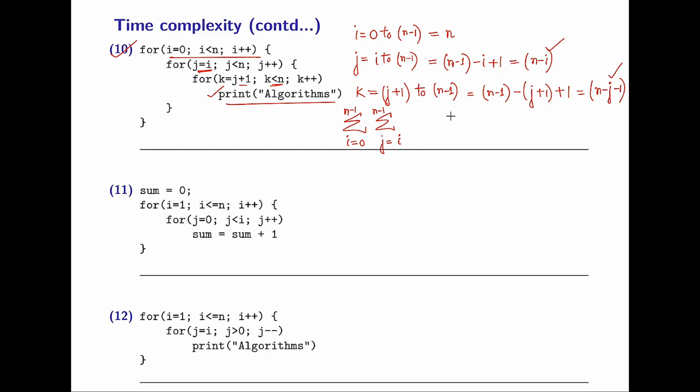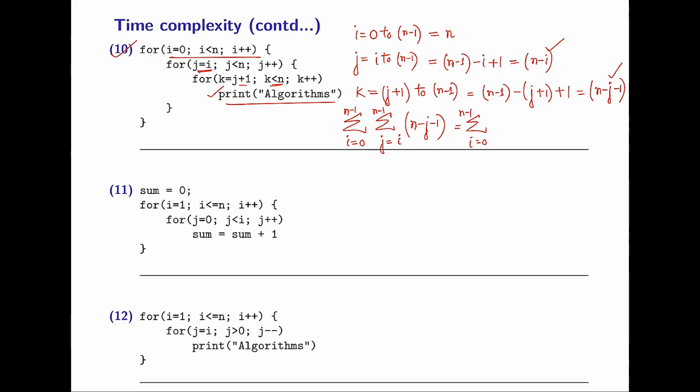Now, how many times is k going to execute? That is going to decide the time complexity, right? Because that is the innermost loop. So n minus j minus 1, summation i equal to 0 to n minus 1. So here I can write n minus 1 minus j.